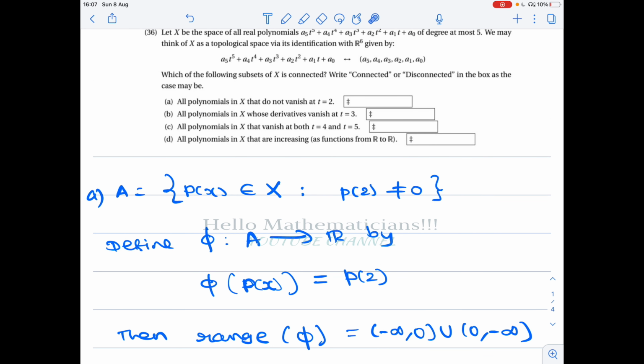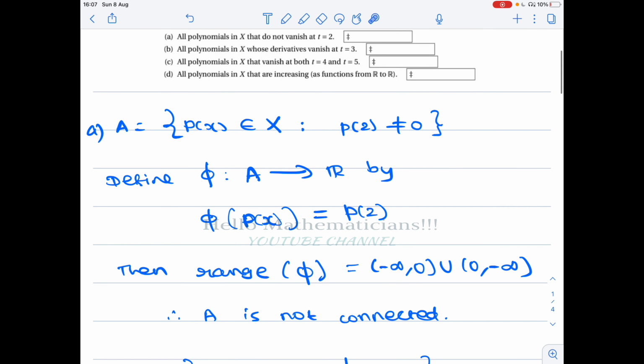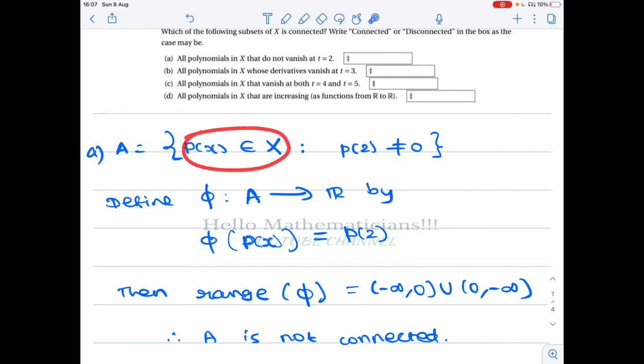For the time being, let's assume it is continuous and argue. Since A consists of polynomials which do not vanish at the point 2, we can prove that the range of this function will be the open intervals minus infinity to 0 and 0 to plus infinity.